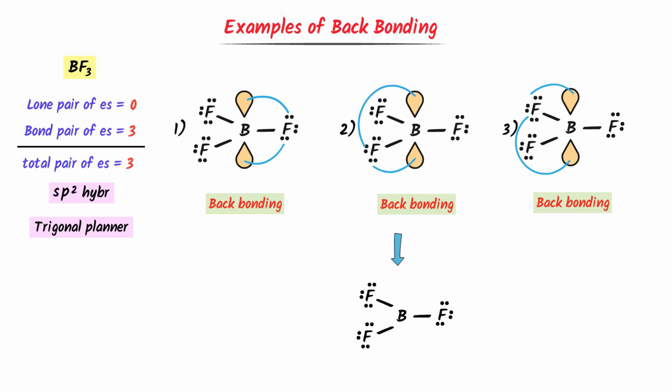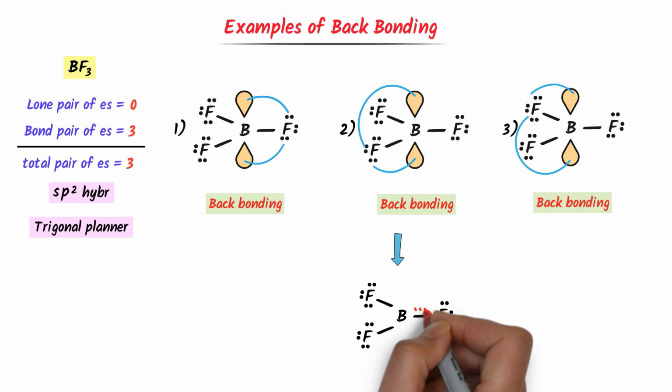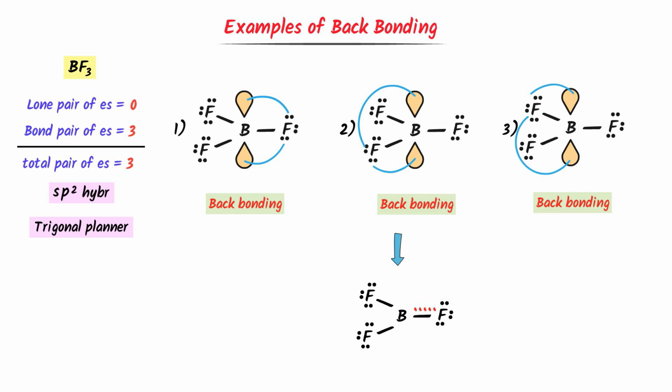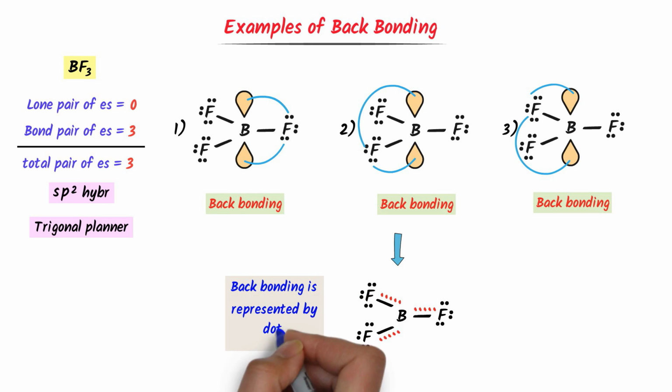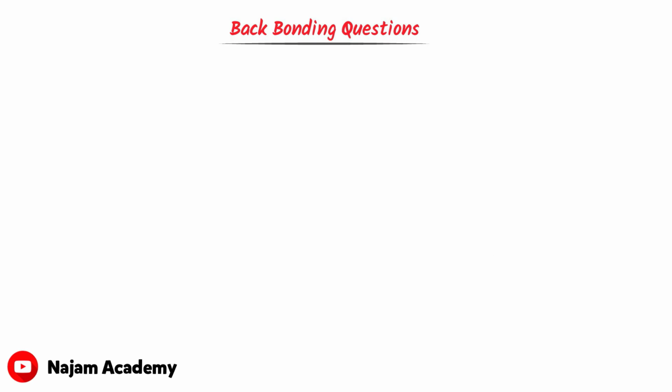Overall, we can see that back bonding is possible between first fluorine and boron, between second fluorine and boron, and between third fluorine and boron. Note down that we represent back bonding or coordinate covalent bond by dots. Thus remember that back bonding is possible in BF3 because fluorine has a lone pair of electrons and boron has an empty orbital. Now we will learn some important questions of back bonding.